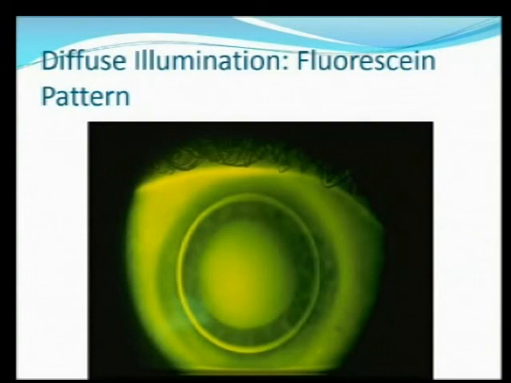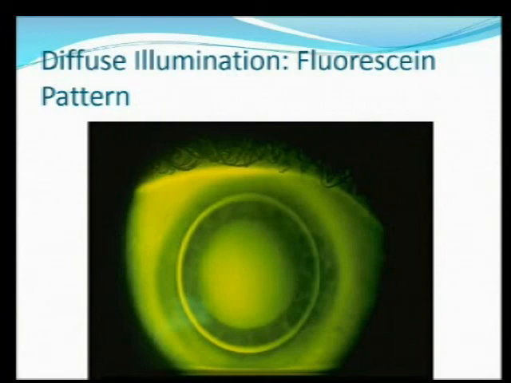Now here, we're still looking straight on. The beam's still coming in at 45 and it's wide open. The difference is that we have introduced what's known as a cobalt filter. And a cobalt filter is a dark blue filter that causes the fluorescein to turn the fluorescent green that you see in this picture.